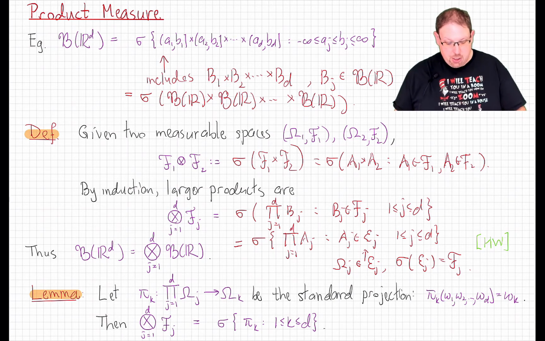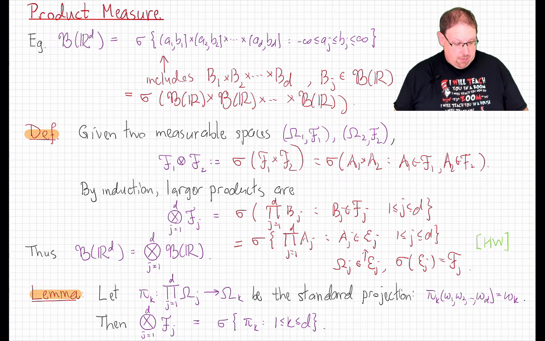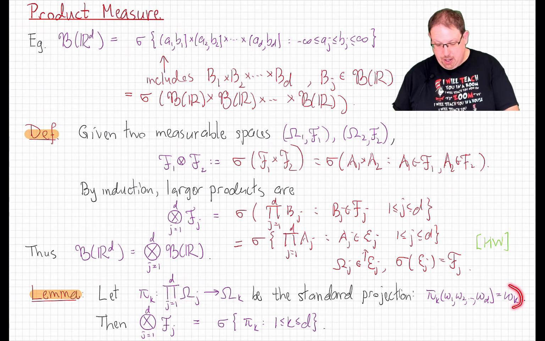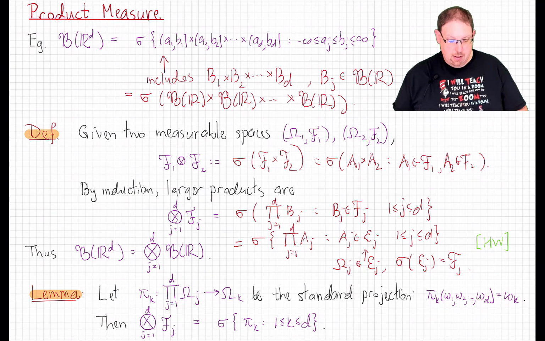Given any collection, it actually doesn't even need to be finite for any of this to make sense. Any collection of spaces omega_j, take their Cartesian product, then we have the natural projections from the product down to the base space, given by picking out the kth coordinate. Of course, to be clear, if we have an arbitrary product here, the existence of these functions is one statement of the axiom of choice.